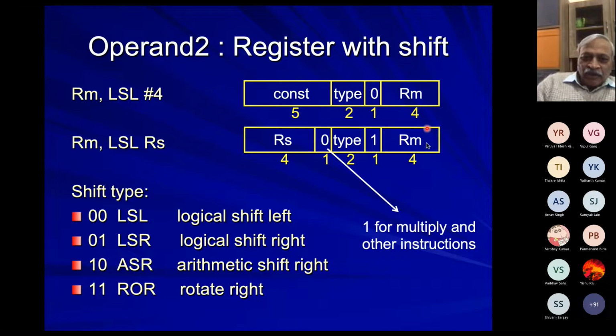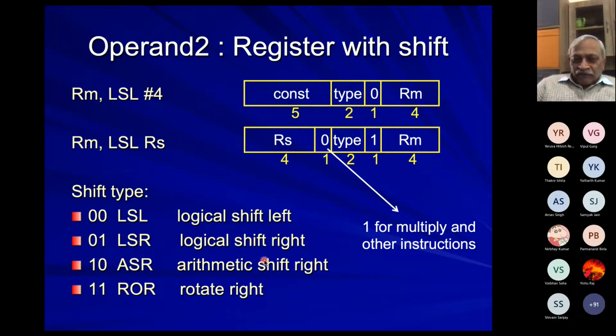You have two kinds of logical shift, left and right, but for arithmetic shift we are talking of only shift right. When you are multiplying by 2 or any power of 2, there are two possibilities. The result is within the range of 32 bits or it is not. So it might overflow.